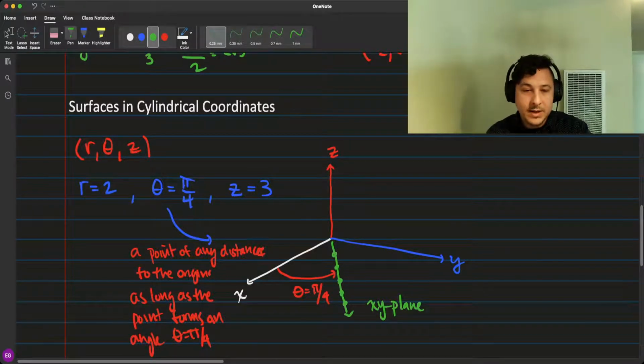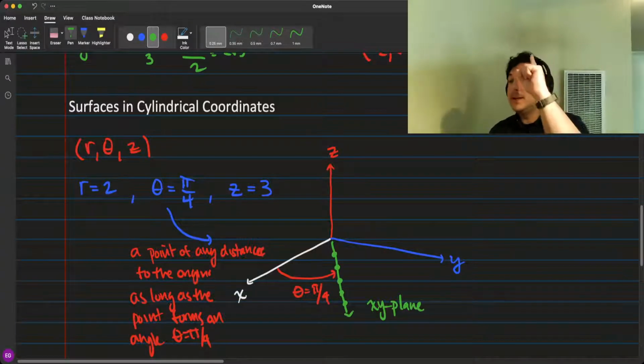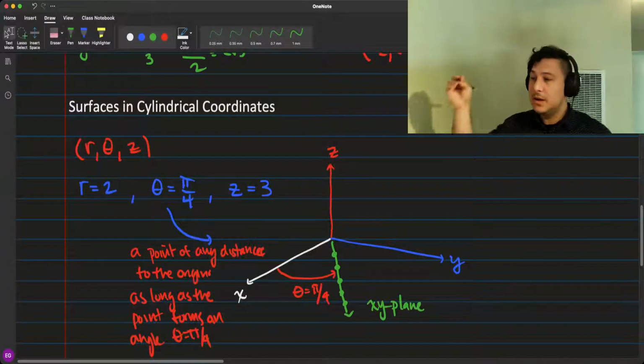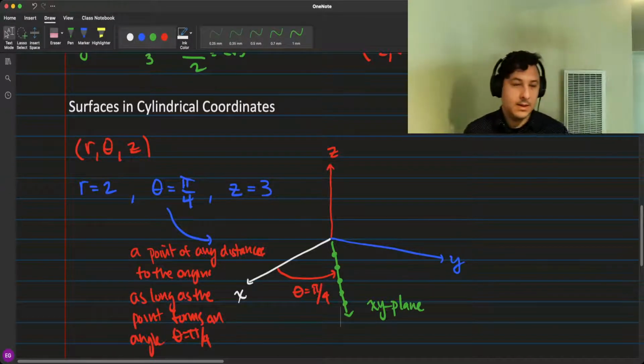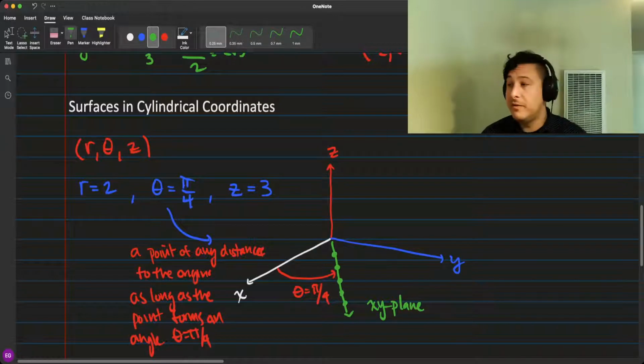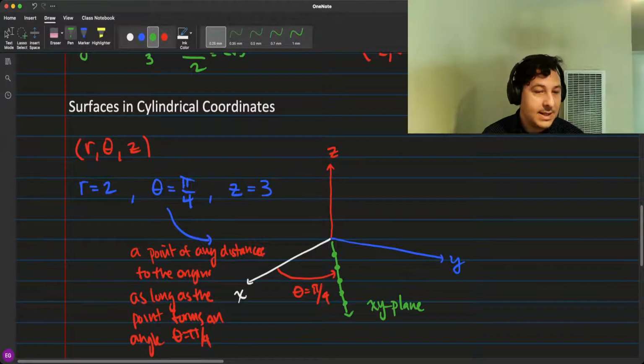So all of these points right here have different r values, but they all form an angle of pi over 4 with the x-axis. Okay? And then you also have one more variable, the z variable, so any point can be any distance from the x-axis, and it can also have any z value.